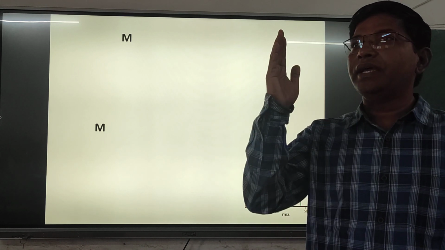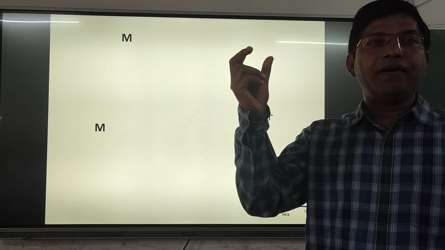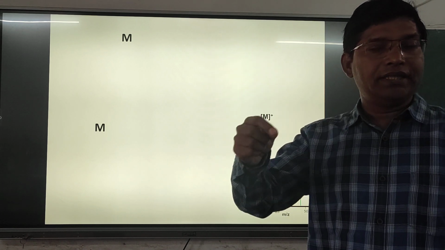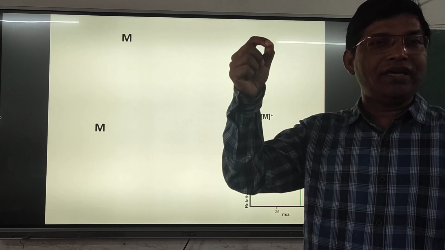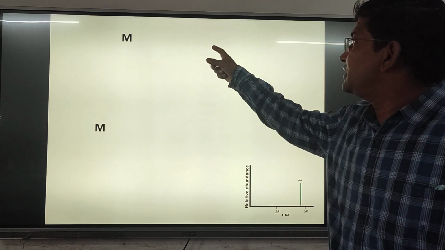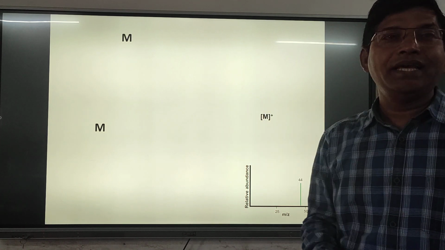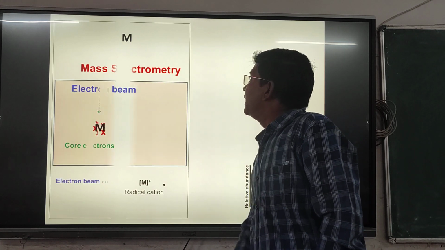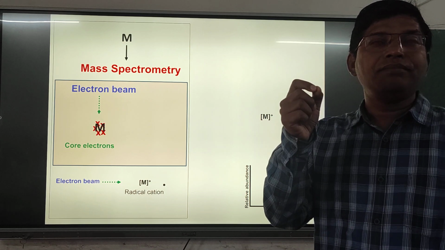First, the ICP torch ionizes the element to M plus. Suppose we have our element in the form of M, where M is a metal.